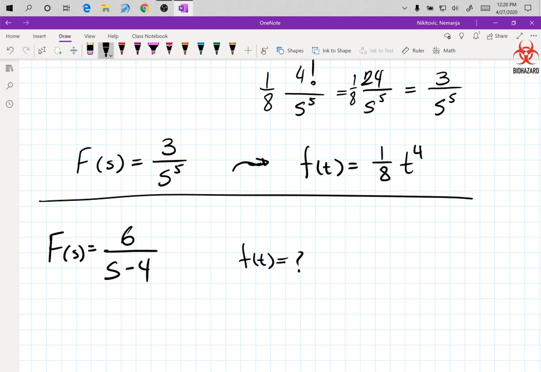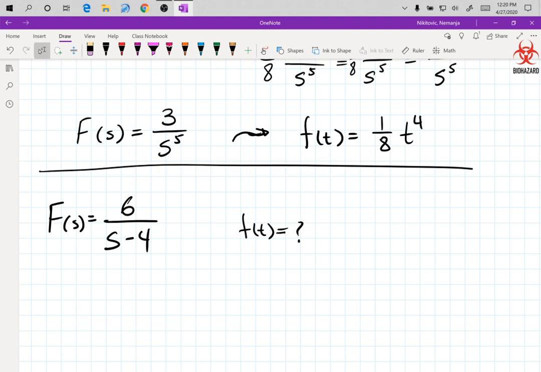Again, you go to the chart and you find that this form is closest to 1 over s plus a, which is e to the at. Right?